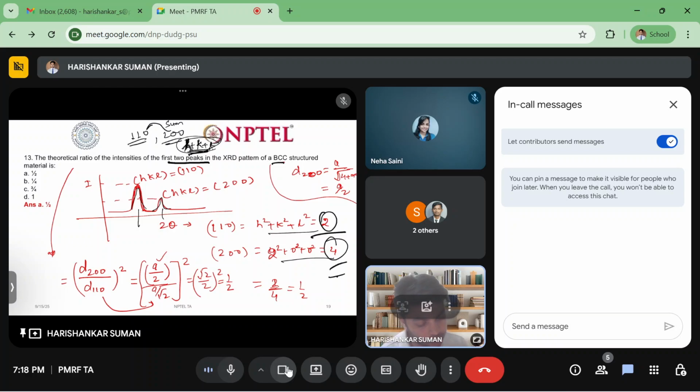It would be half. Or we can check by also calculating the d spacing, where intensity is proportional to amplitude square. Similarly, we are getting half. These are the two methods.